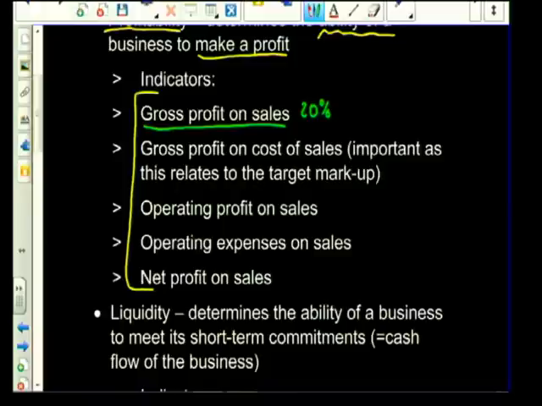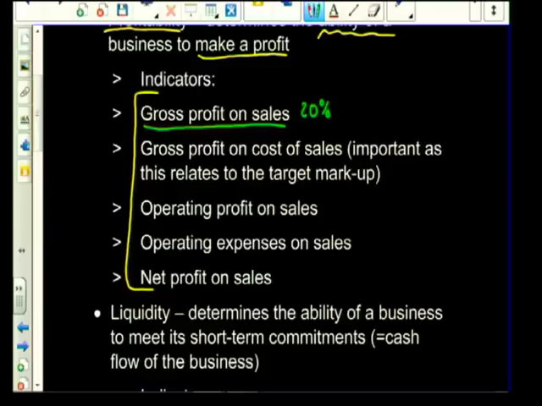What that means is that for every R1's worth of sales that you've made, 20% of that, in other words 20 cents, goes into your pocket as gross profit. So what we want from this ratio is we want this ratio to be as high as possible, and we also would want it to increase from last year. So this is a ratio that we want to be high or increasing.